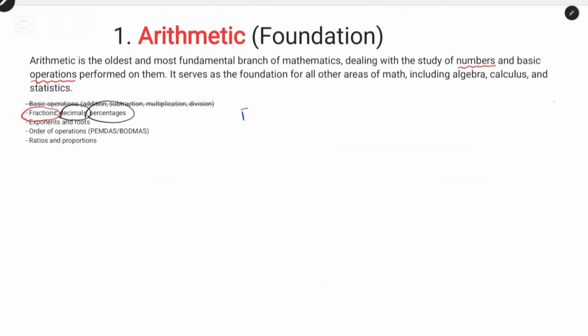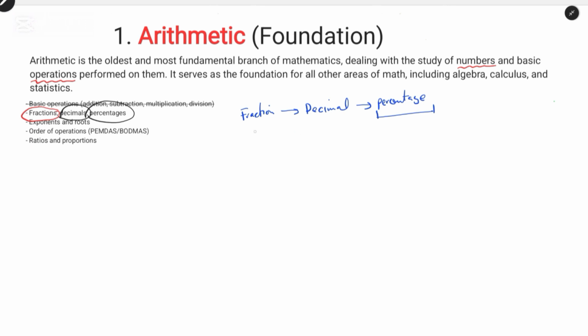Similarly, we say fraction is a way of representing a number, decimal is a way of representing a number, and now percentage is a way of representing a number. A percentage is a way of expressing a number as a fraction of 100.